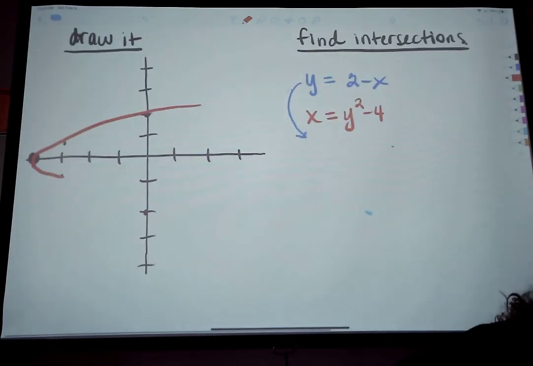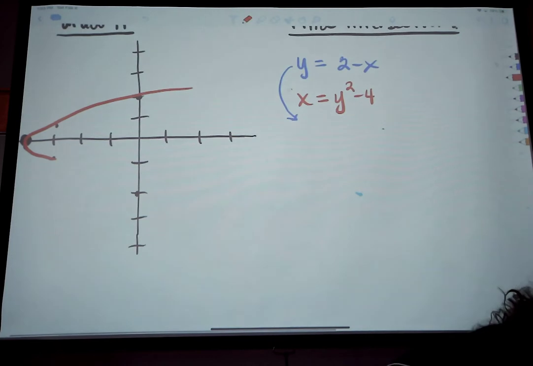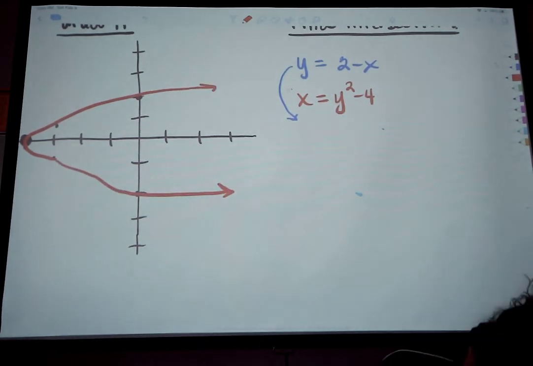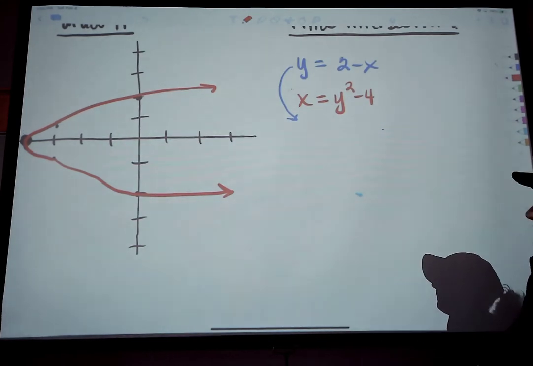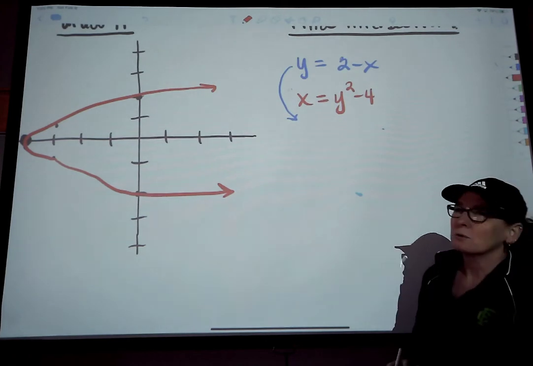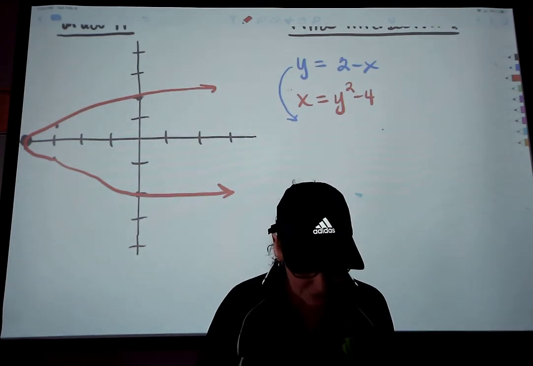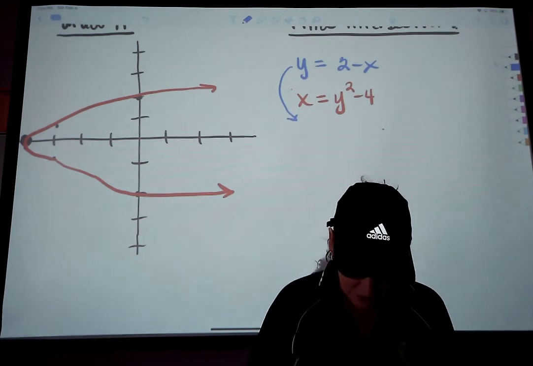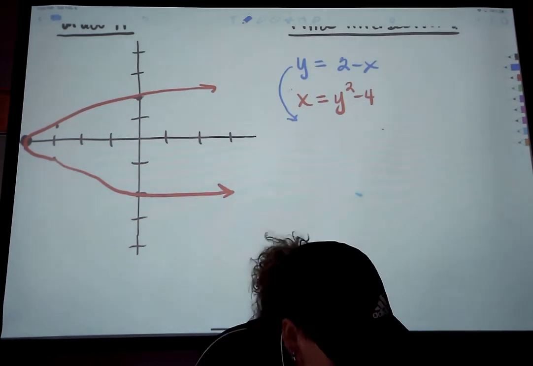Wow, my scales are terrible. It's okay, whatever. Now, line y equals 2 minus x. So I've got a negative slope, slope is -1, y-intercept is +2.